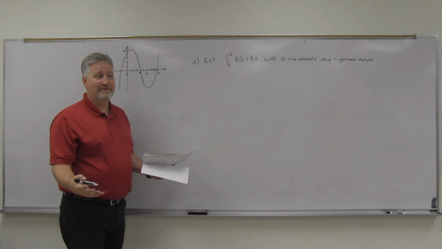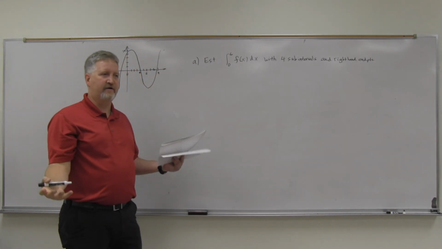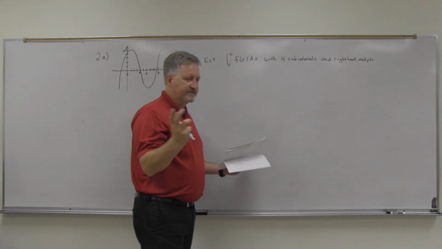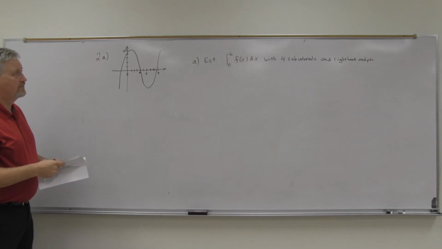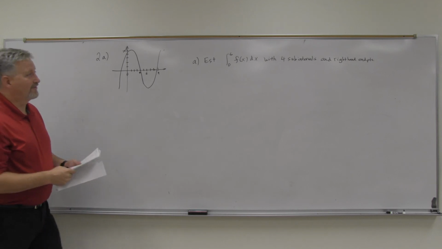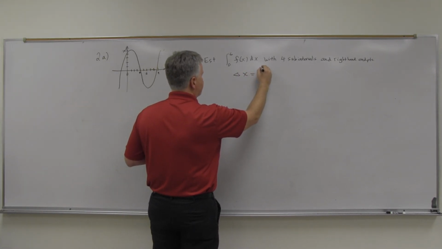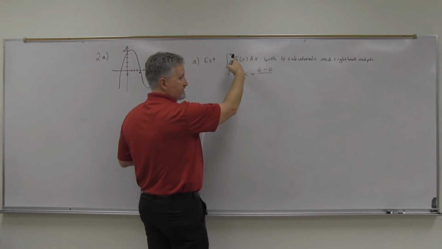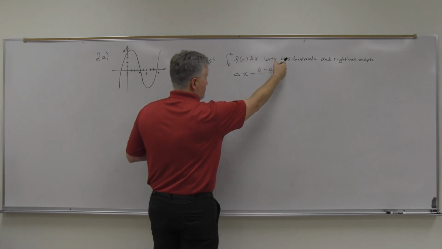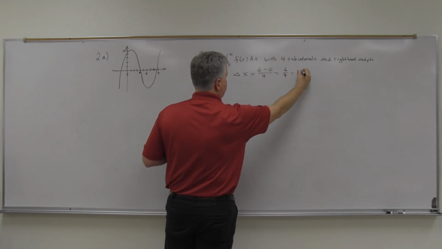This is the same thing we've been doing. We're just now calling it estimating an integral instead of approximating the area between the curve and the x-axis. It's the very same problem that we've done before. Our delta x here is b minus a over n, so it'd be the a and the b here, 6 and 0. N is 4, so I'm talking 6/4, which is 1.5.